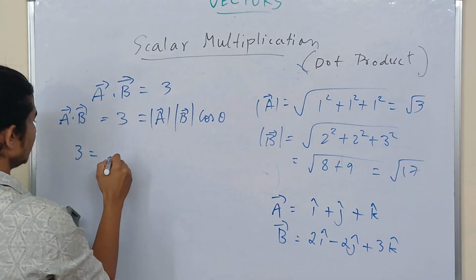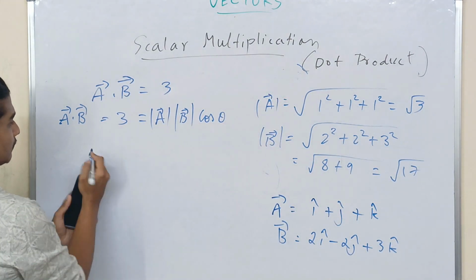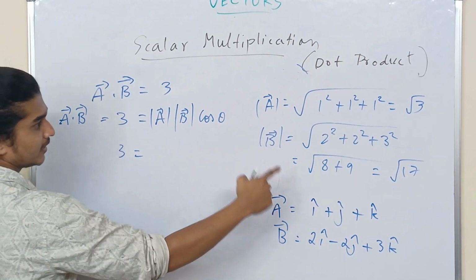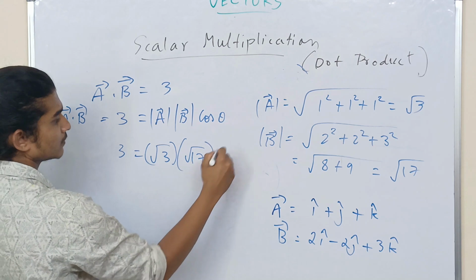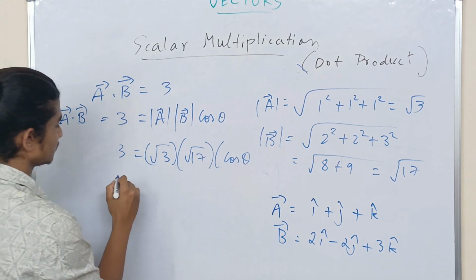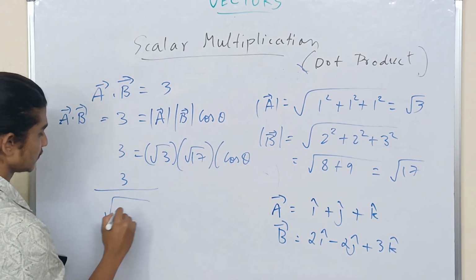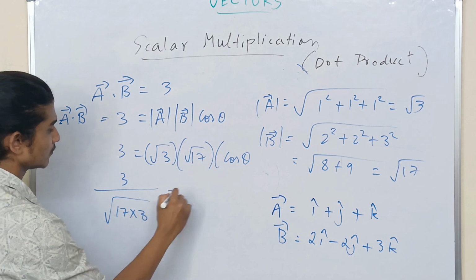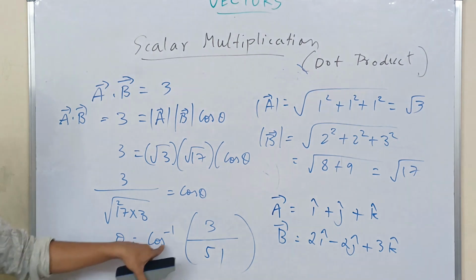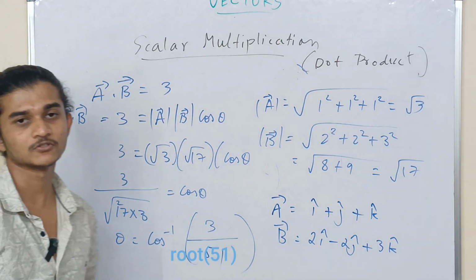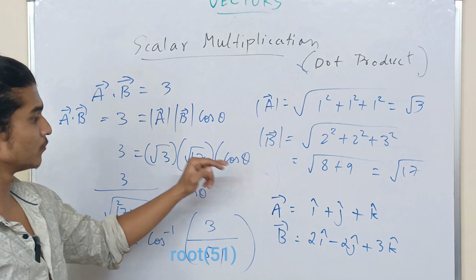So 3 equals root 3 into root 17 into cos theta. Now this gives 3 by root of 51 equal to cos theta, so theta is going to be cos inverse of 3 by root 51. So this is how you find the angle between two vectors.